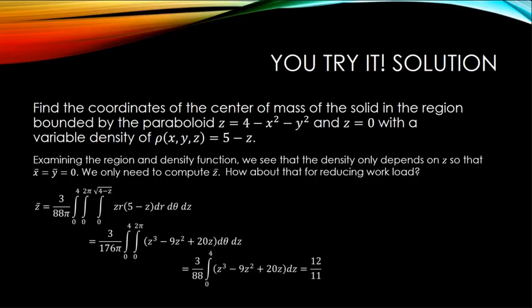I integrate that middle integral and I'm left with 3 over 88 times the integral from 0 to 4 of the quantity z cubed minus 9z squared plus 20z dz, which gives me 12 over 11. My coordinates for my center of mass, x bar, y bar, z bar, is given by 0, 0, and 12/11.